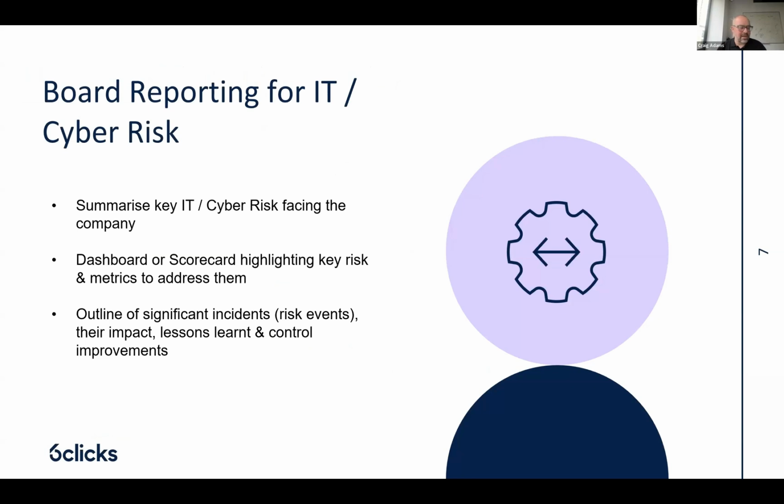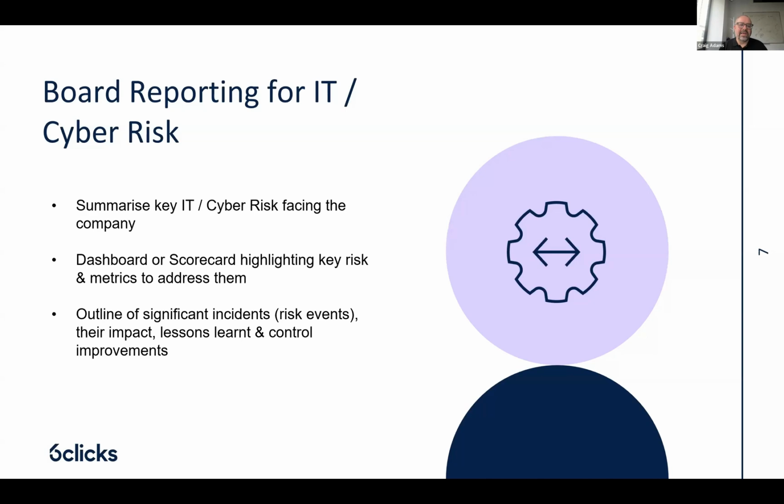Well, for me, I think it comes into four major areas. Firstly, the ability to summarize the core IT and cyber risks facing the company, really highlighting the ones that are particularly critical, but also those where the risk profile of the organization has changed over time.